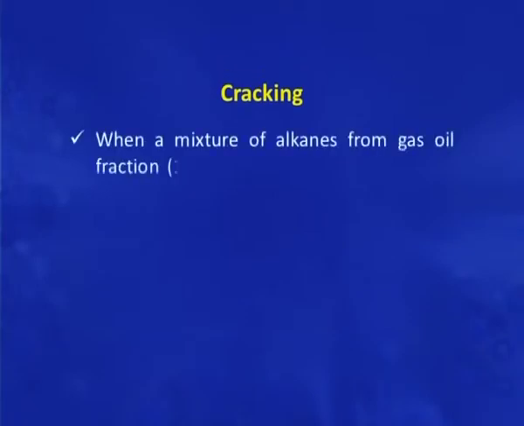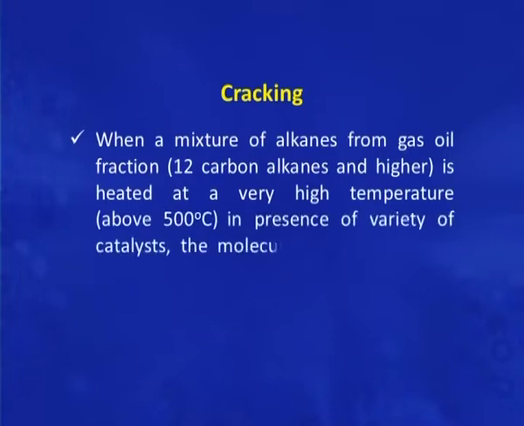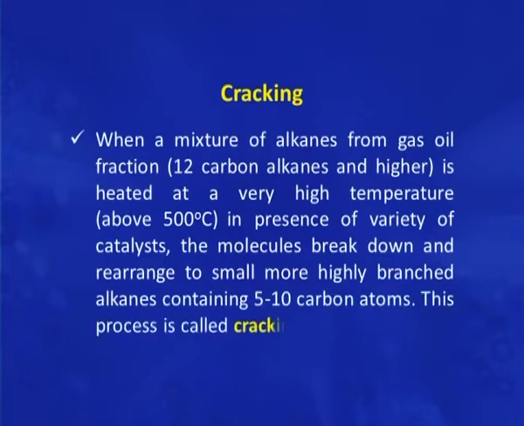First of all, we will mention cracking. When a mixture of alkanes from gas oil fraction, which contains about 12 carbon alkanes and higher, is heated at a very high temperature, about 500 or more, in presence of a variety of catalysts, the molecules break down and rearrange to small, more highly branched alkanes containing 5 to 10 carbon atoms.